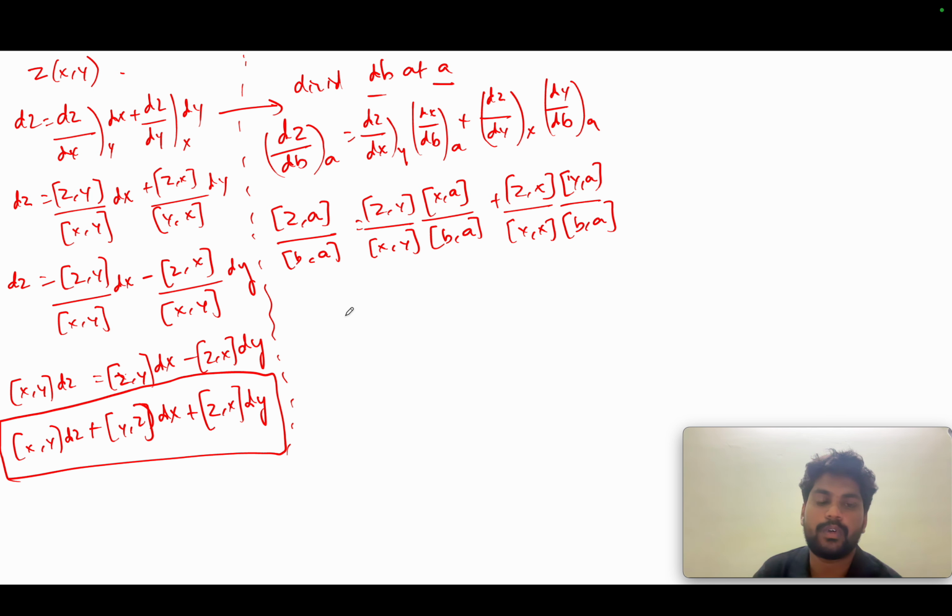Now b comma a will get cancelled, so I will get x comma y to that side.